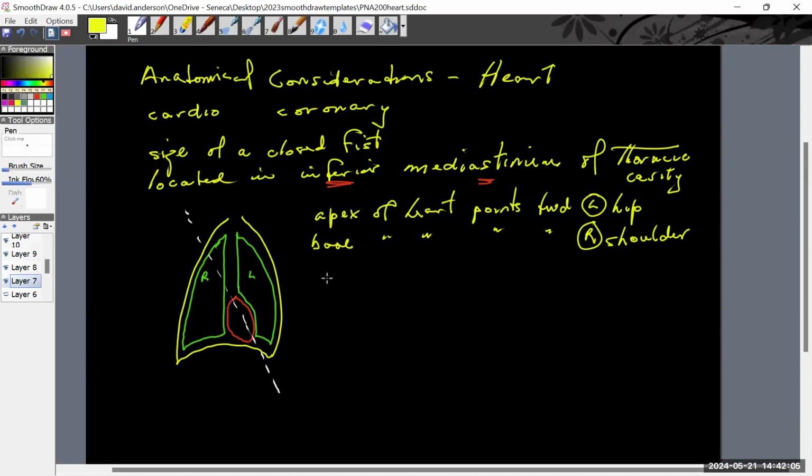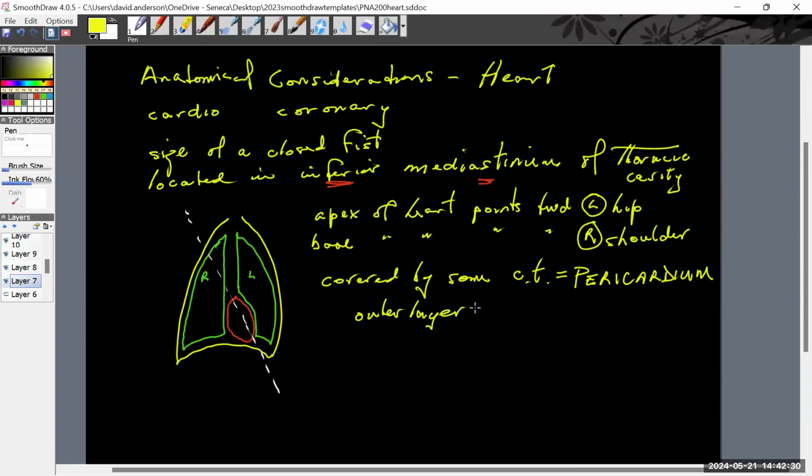The heart's covered by some connective tissues known as the pericardium, and it has an outer layer, which is reasonably dense connective tissue that holds the heart in position.